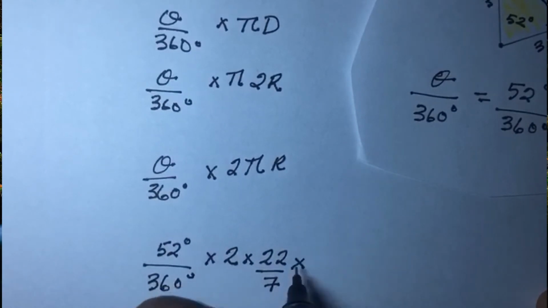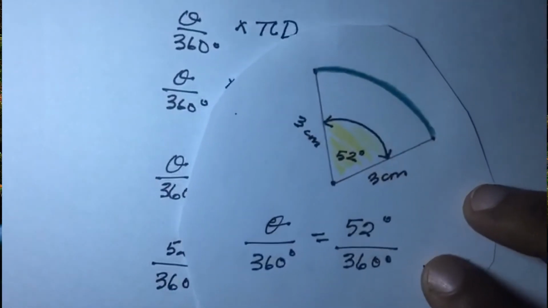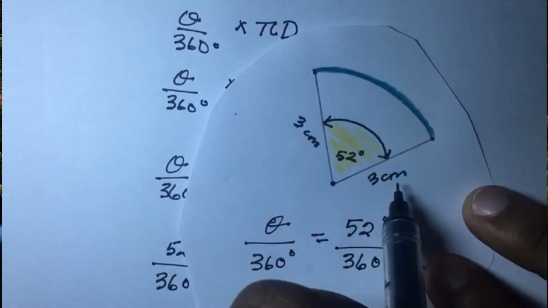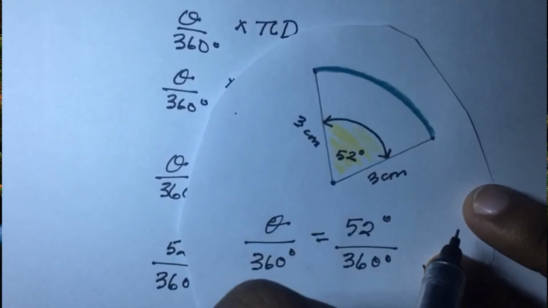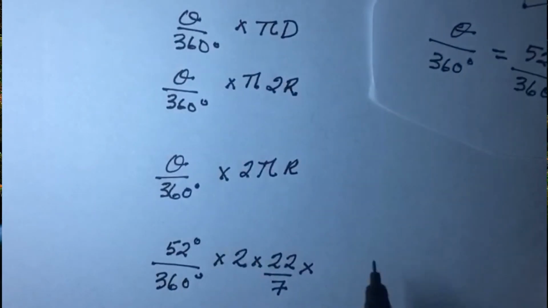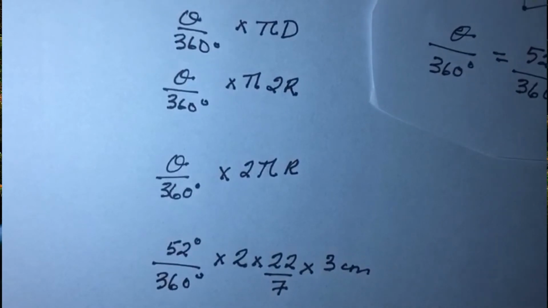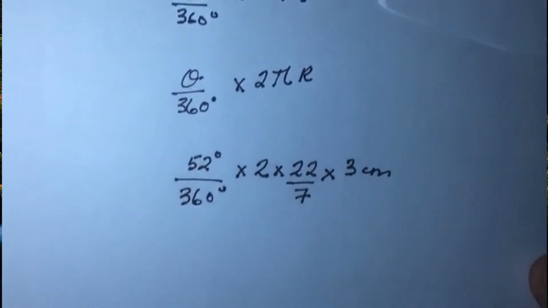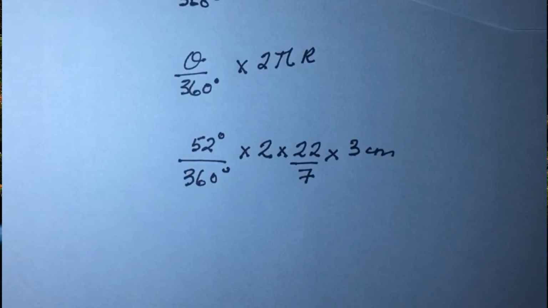And I'm going to multiply it by the radius, which is 3 centimeters. Remember, it's a circle, so all the radii measure the same length, 3 centimeters. Now, to get the length of this arc, I'll put it in my calculator and let the calculator help me.